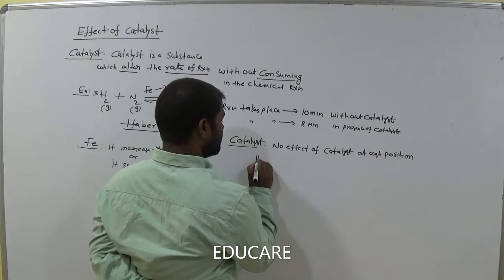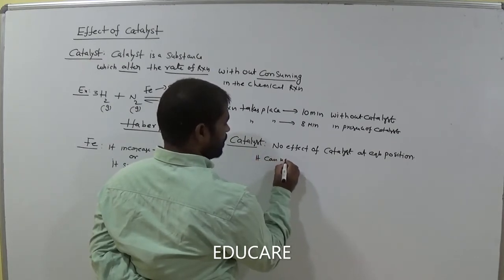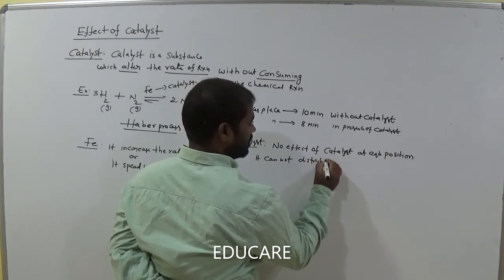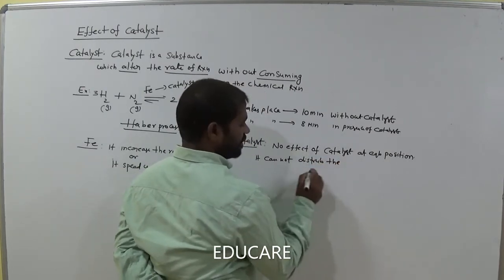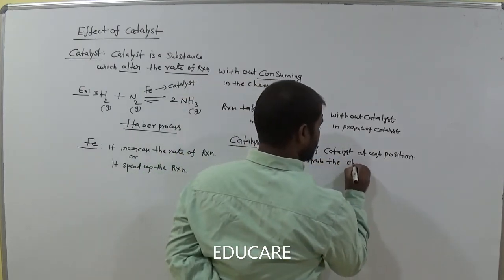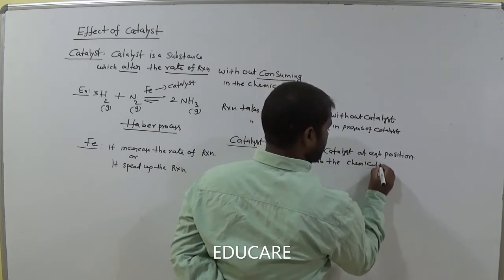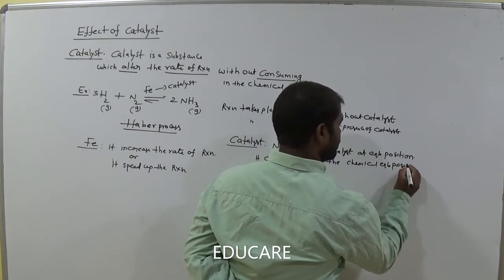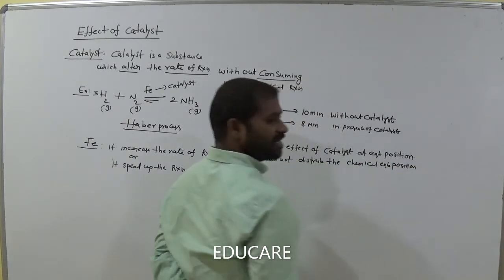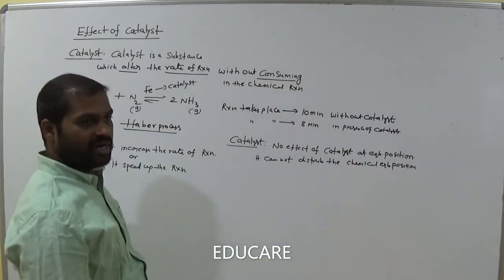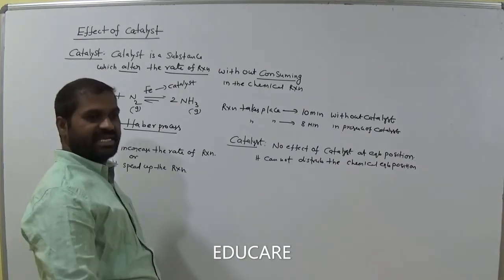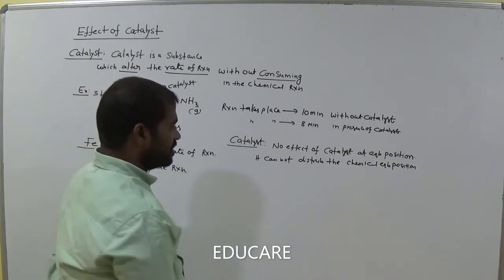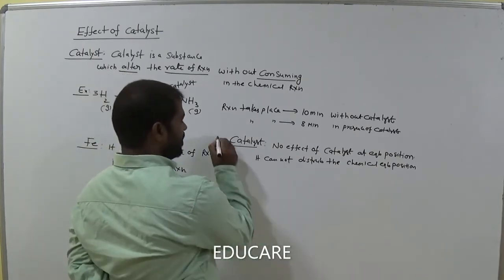That means it cannot disturb the chemical equilibrium position. That means neither forward nor backward, but it just increases the rate of the reaction, just speeds up the rate of reaction, am I right? So no effect of catalyst at equilibrium.